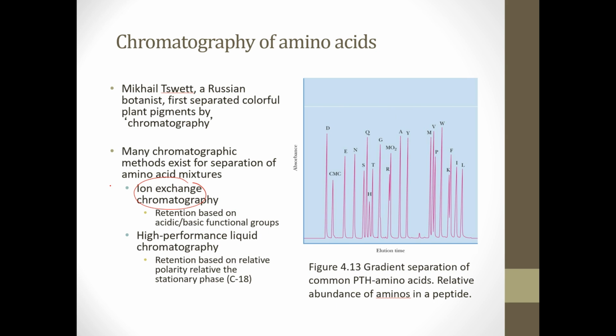So we have charge-based chromatography with our ion exchange, and we have our HPLC, which is just based on any particular compound's relative affinity for C18 attached to silica bead. So just polar-apolar interactions.